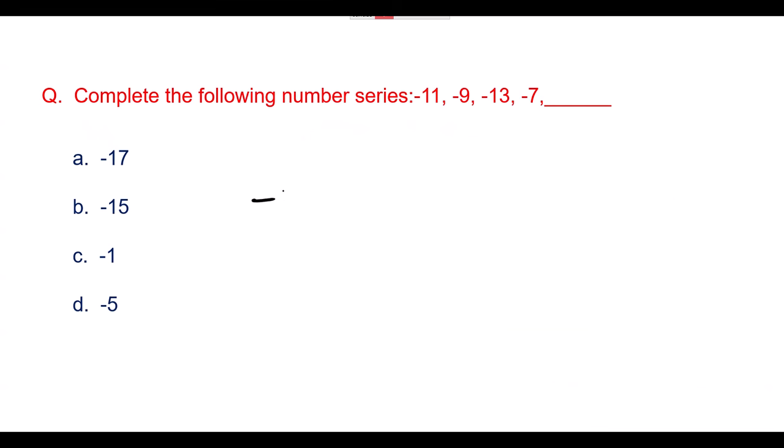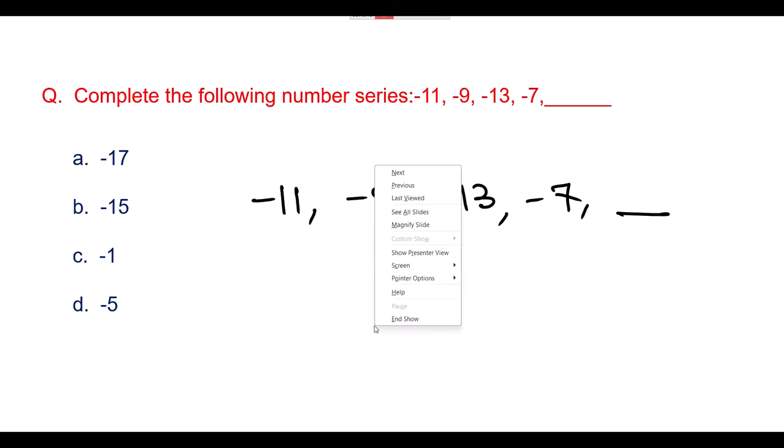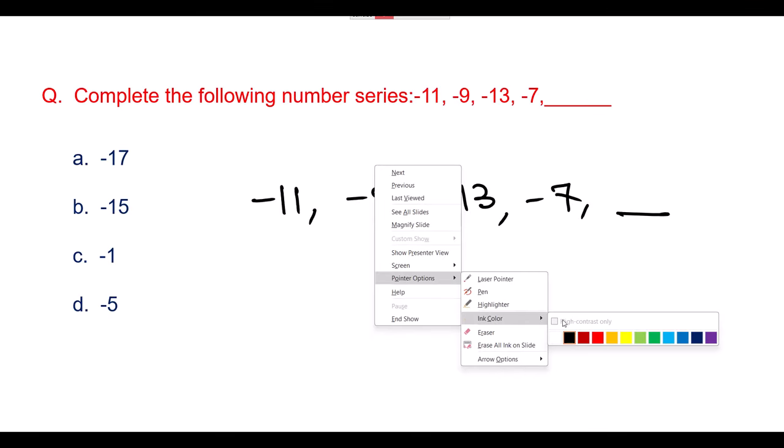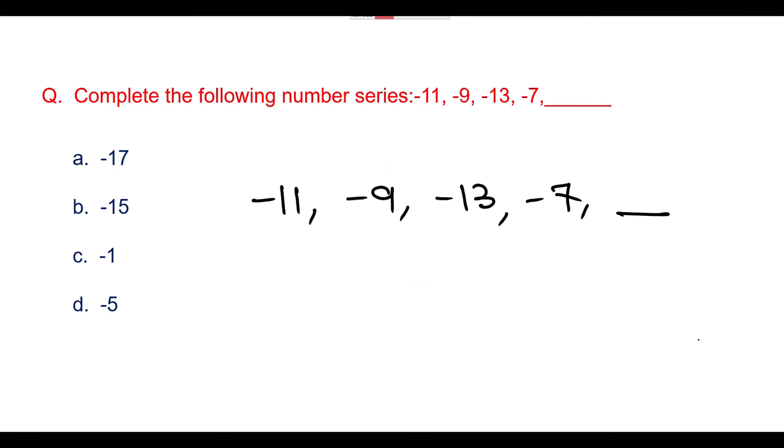Now what about this question answer? Easy for you, but given in negative. Option B, minus 15.